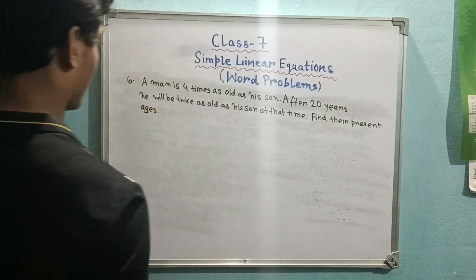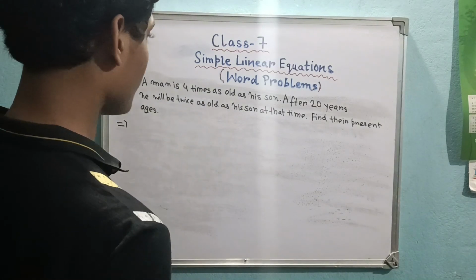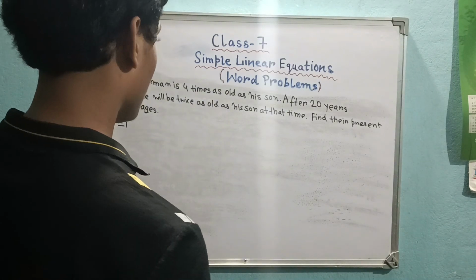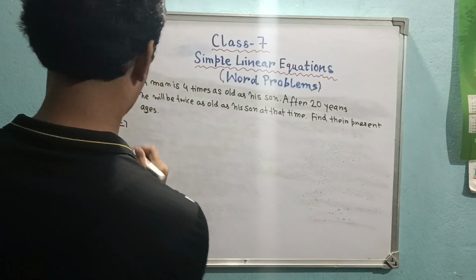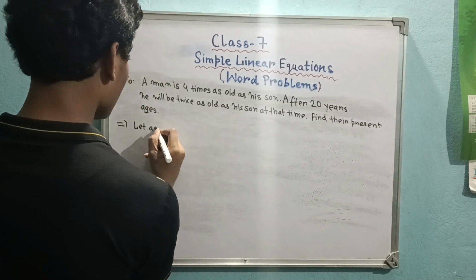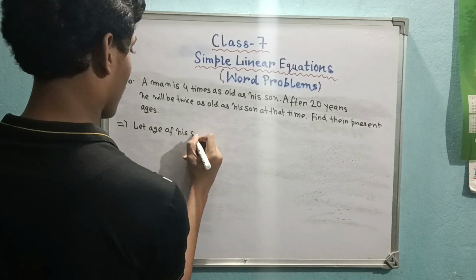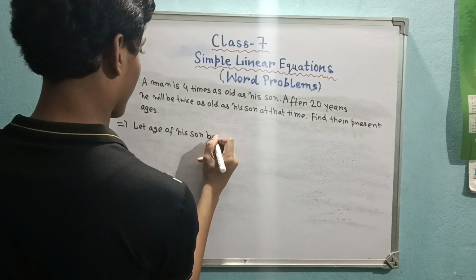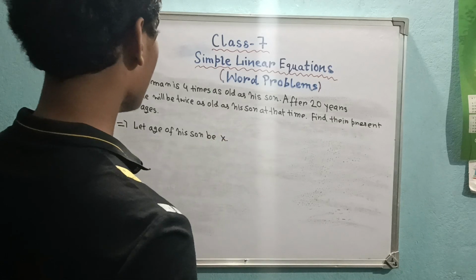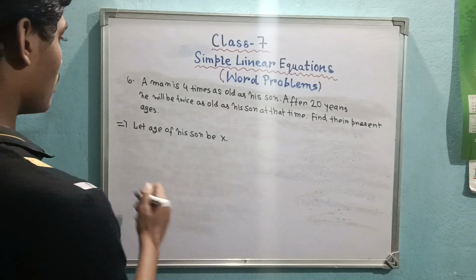Okay guys, let us see. Here in the first line it is given that a man is 4 times as old as his son. Let the age of his son be x. Now it is given the man's age is 4 times the age of his son.